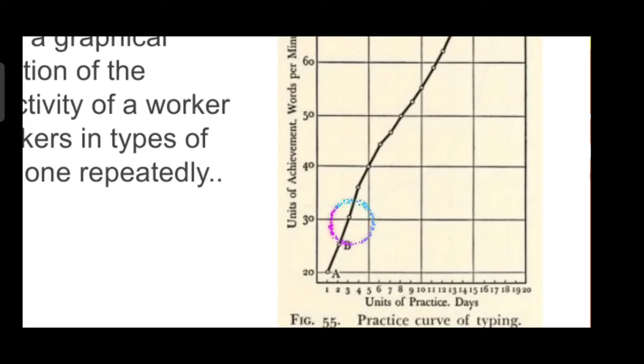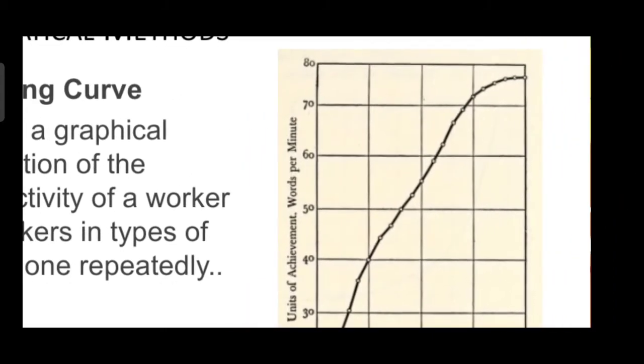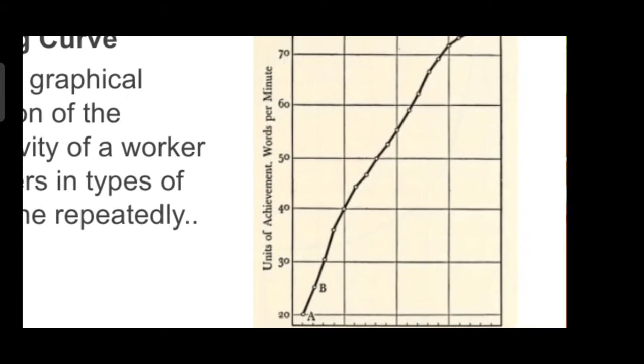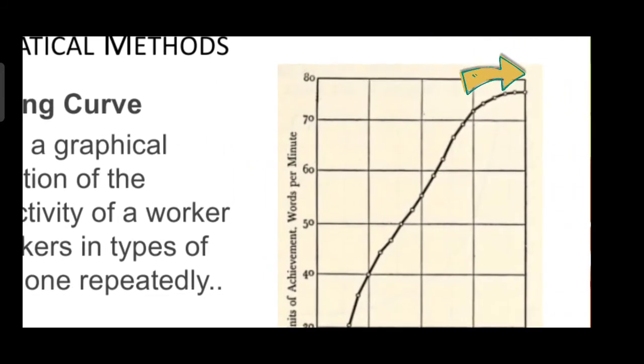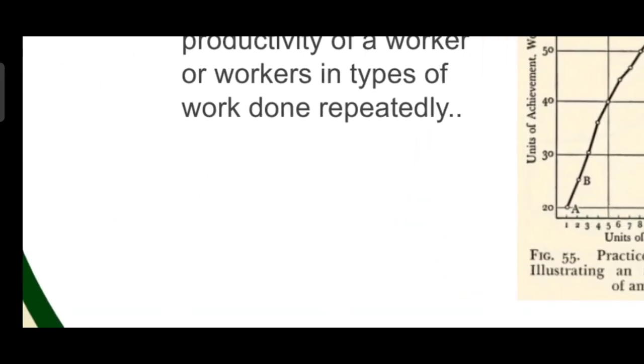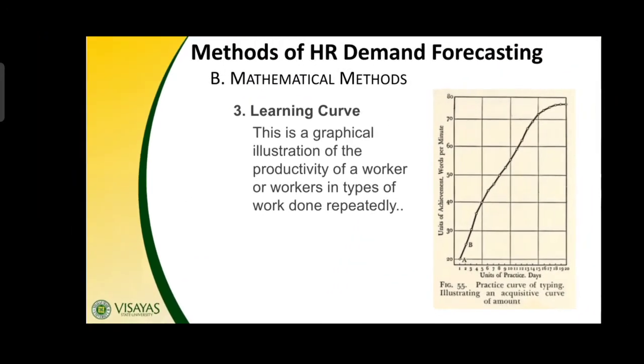Fourth day, abot na siya og 35. Fifth day, 40 words per minute. No? Nagtigapaspas. Until such time nga, ang iyahang per minute nga words is steady na. No? Because naay limitations ang capacity sa usa ka tawo. That is for the learning curve theory.